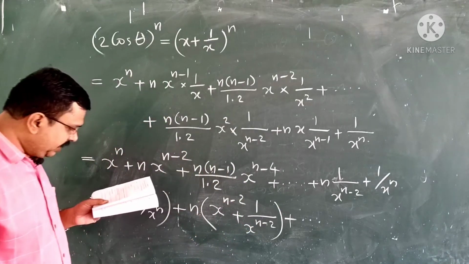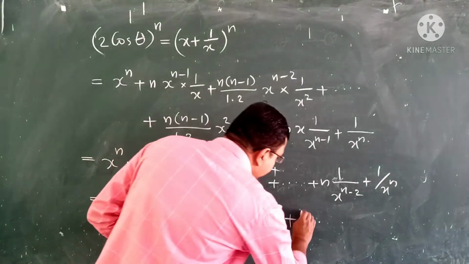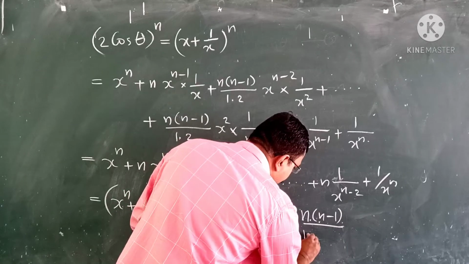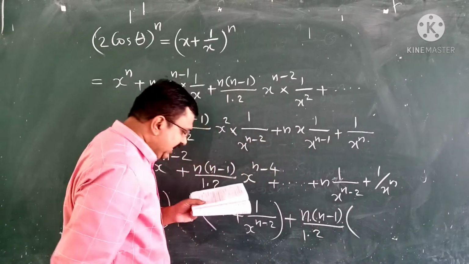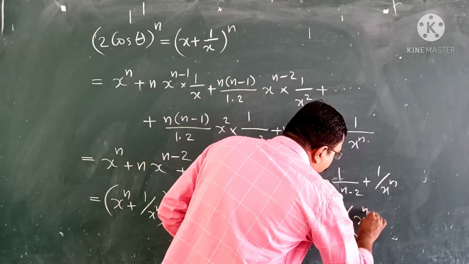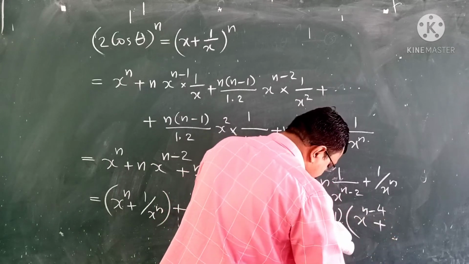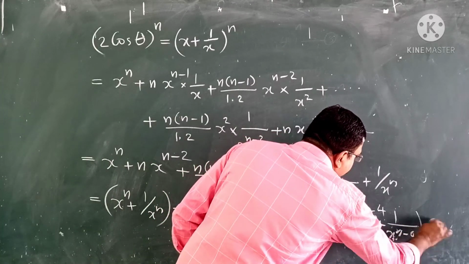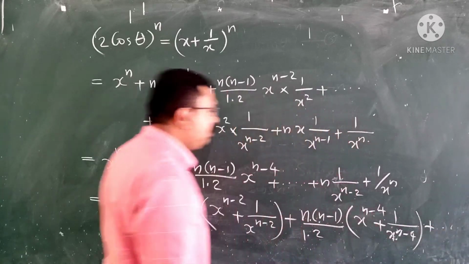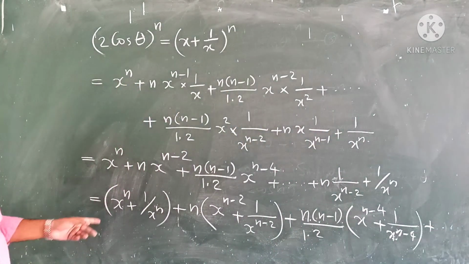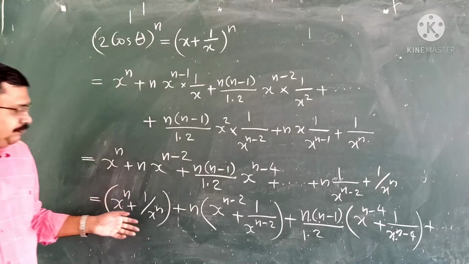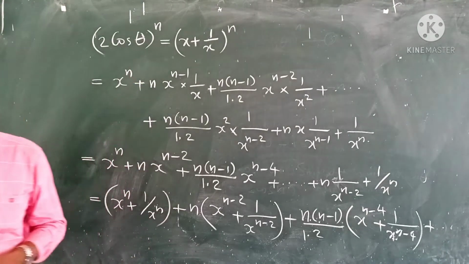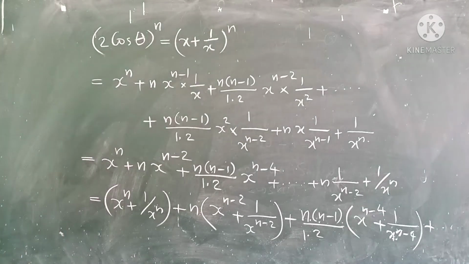The next term is n into n(n-1) by 1 into 2 into (x^(n-4) plus 1 by x^(n-4)) plus etc. Okay, we are grouping together. Now look at that, please write down on your notebook. Next we can move to our next step.